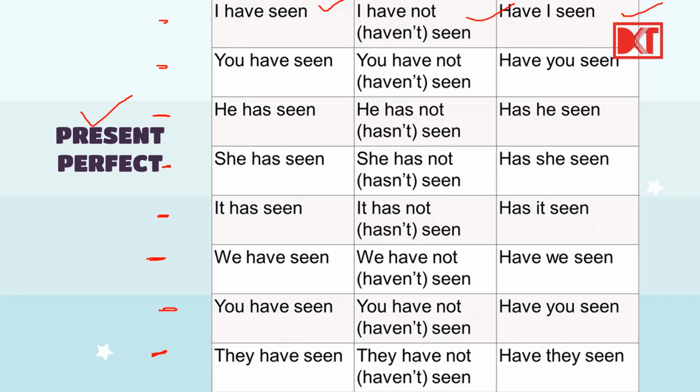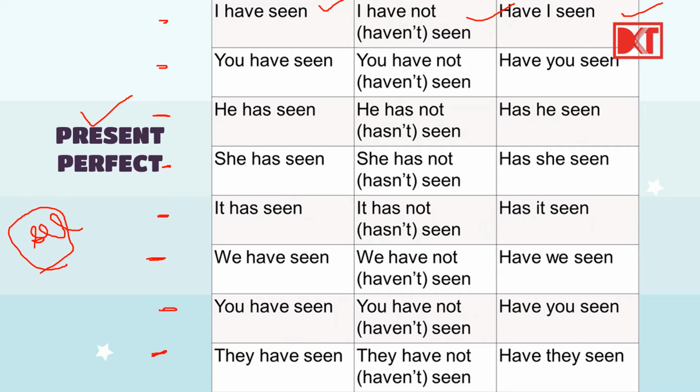Alright, so you see I have seen, or I haven't seen, or have I seen. This is how we have conjugated the verb to see. Like for first person singular, I have seen, I haven't seen, have I seen. Then for second person singular, you have seen, you haven't seen, or have you seen.